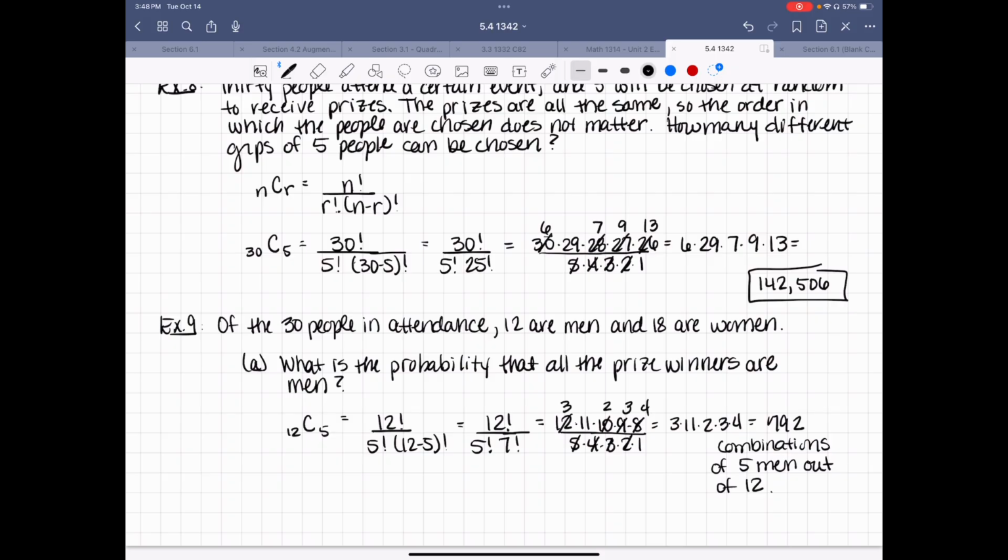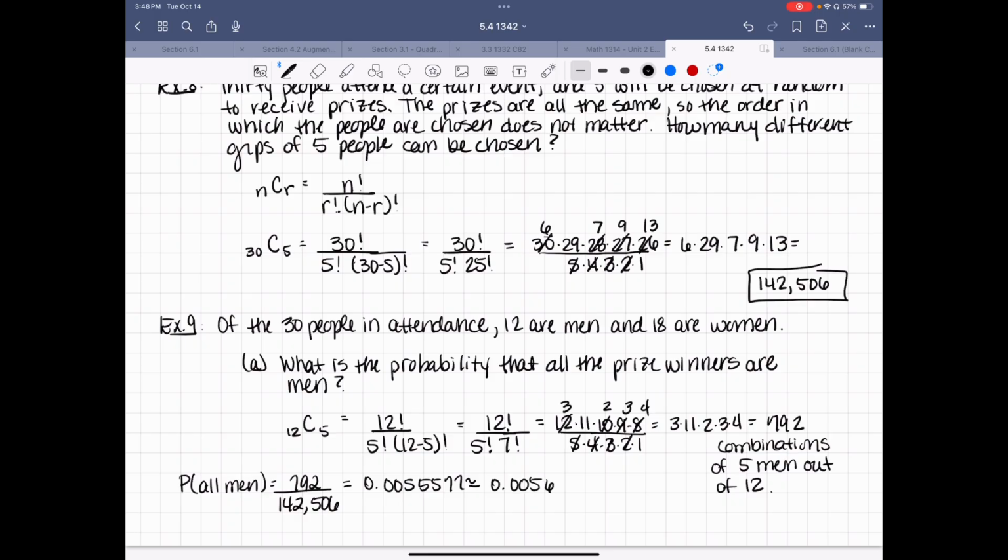So the probability of all men being drawn is going to be 792 out of 142,506. When we put that into our calculator, we get 0.005577, which is approximately 0.0056.